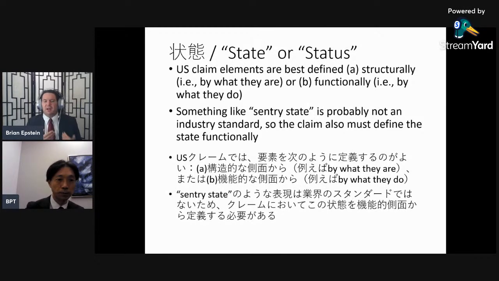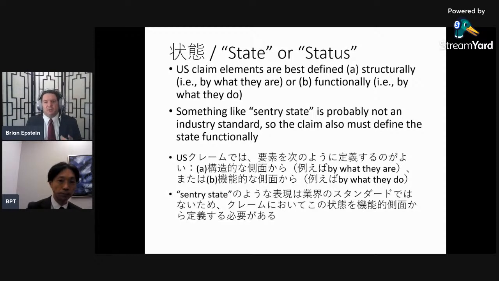If it is an industry standard, then that's structural, right? We know what that is. It has a structure. It must conform to this industry standard. If it's not an industry standard, then we don't really know what that is. And in this situation, the claim must also define this state functionally.